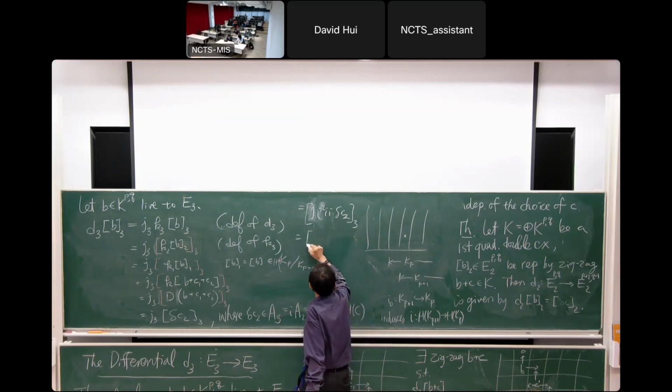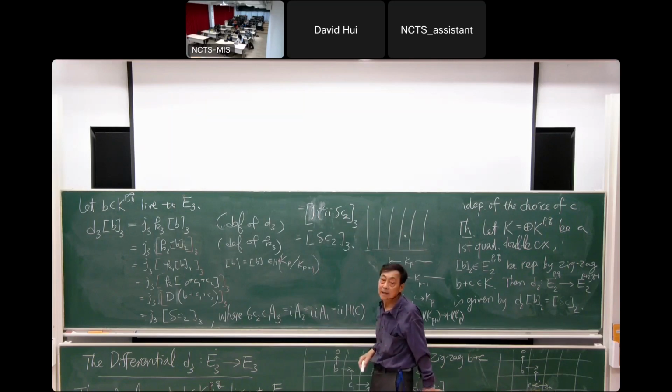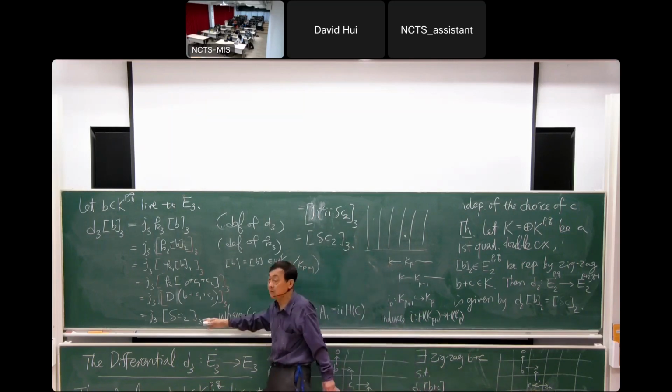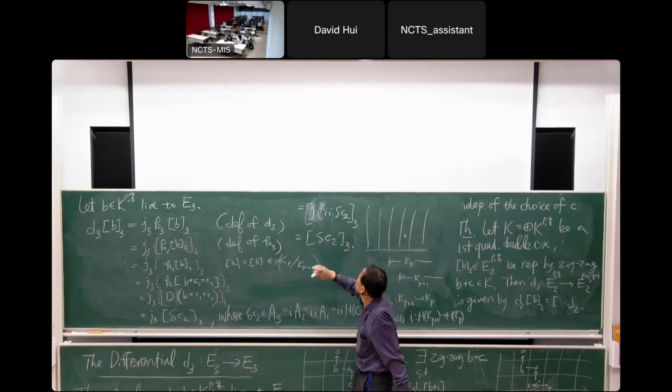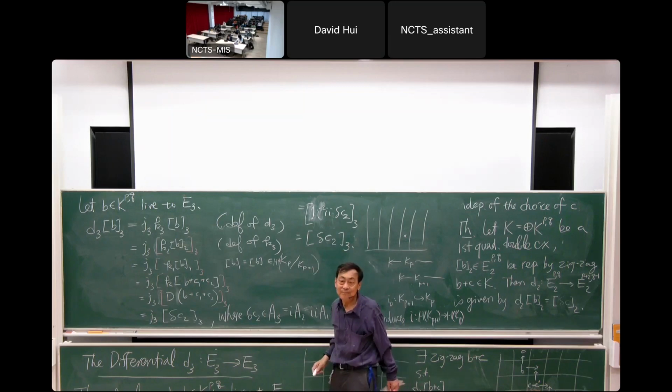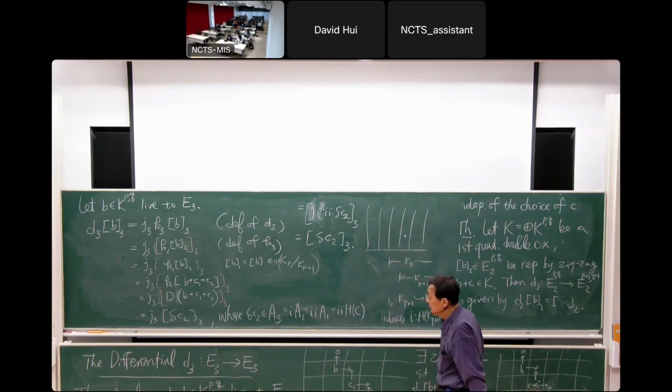So when you take the class, it doesn't change. Okay? So I can justify this step now. I can write delta C as II delta C2. And so that gives you D3.